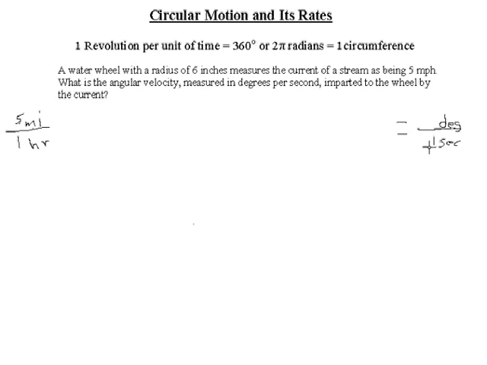time. And we could proceed here as we did in part 2 and use the factor label approach, which means we're going to multiply 5 miles over 1 hour times a series of fractions to cancel out the miles and end up with degrees, and cancel out the hours and end up with seconds.